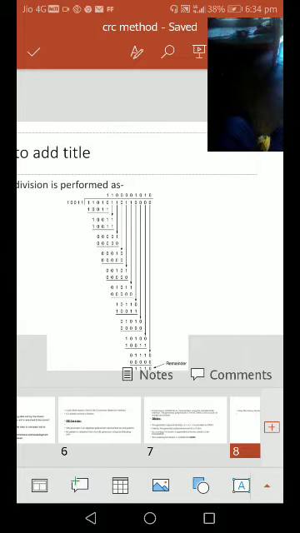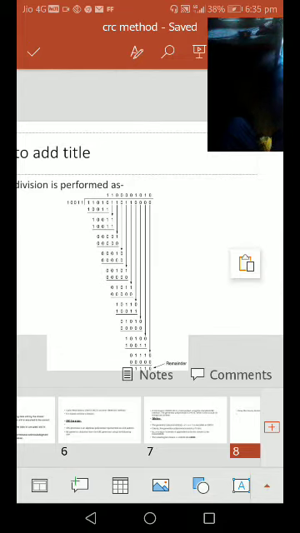Then we take the division by 10011. The divisor goes in one time, that is equal to 10011.